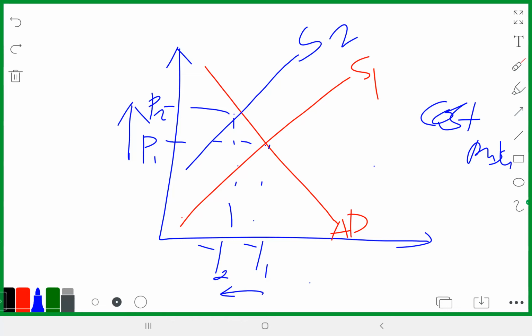High cost of raw material. Yes, high cost of raw material, the increased cost of imported capital and intermediate goods. Any other?